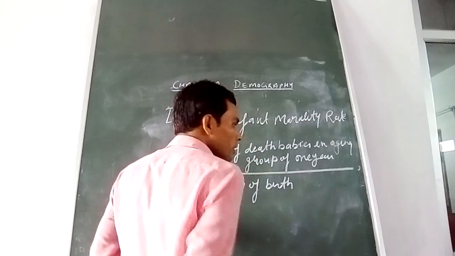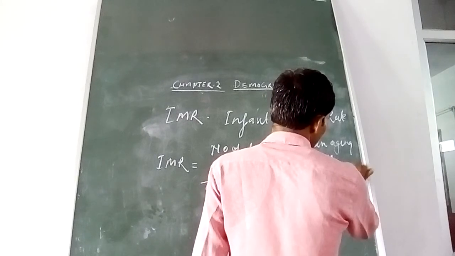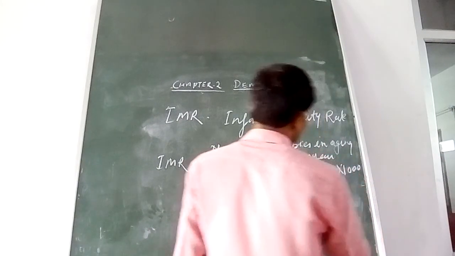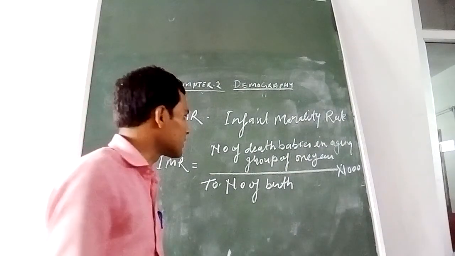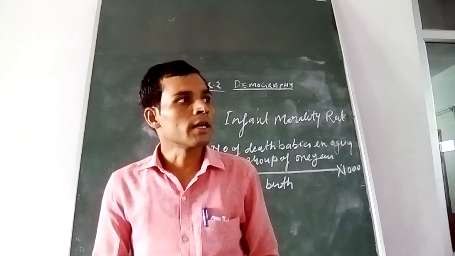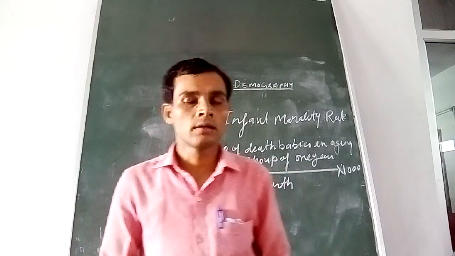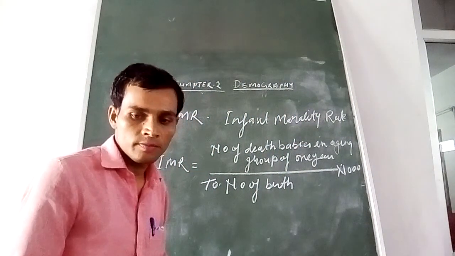It is calculated per 1000. So IMR, infant mortality rate, is the number of dead babies in the age group of 1 year. When a child dies before 1 year, it is calculated in the infant mortality rate.